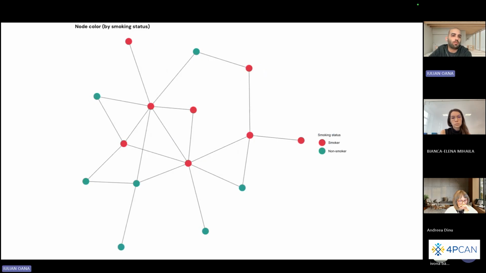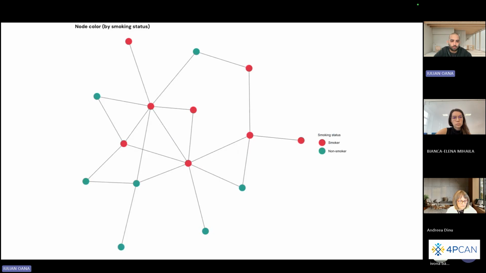Color, we can, for example, if in this network of 15 individuals, we have a node attribute like smoking status, which separates between smokers and non-smokers.